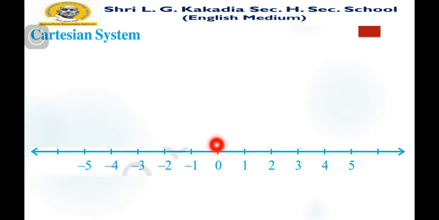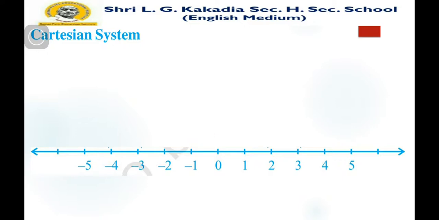Means the line contains positive and negative numbers and its origin is 0. If you start from 0 to the right side, all numbers are positive, and if we start from 0 to the left side, then we find the negative numbers.